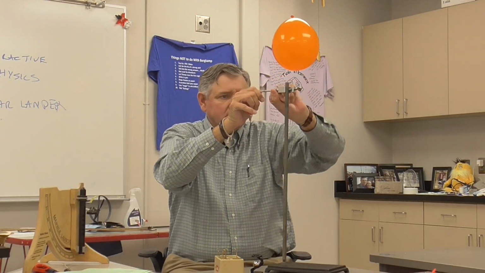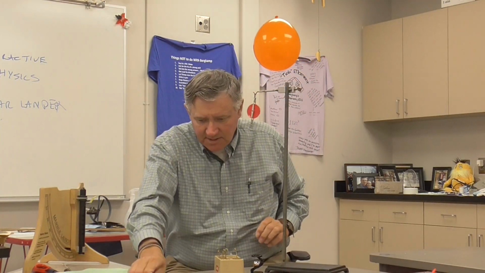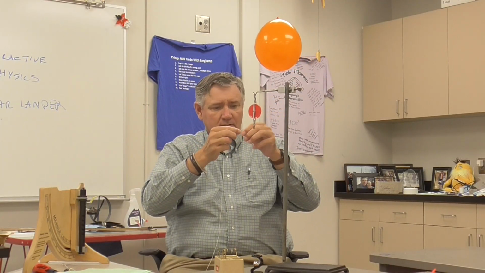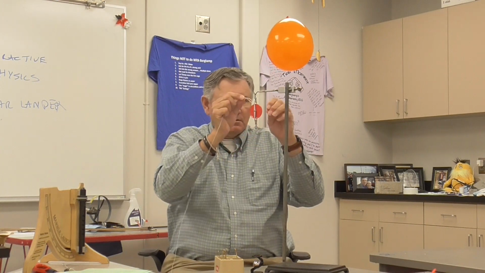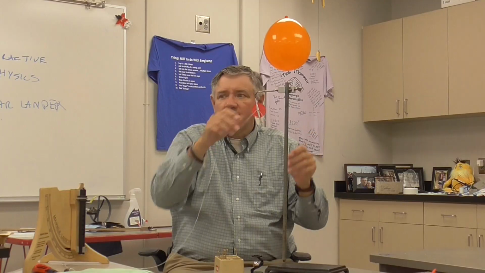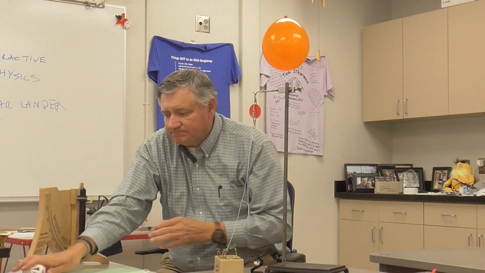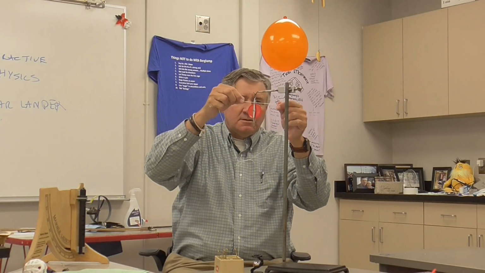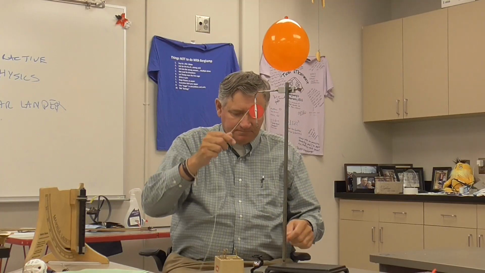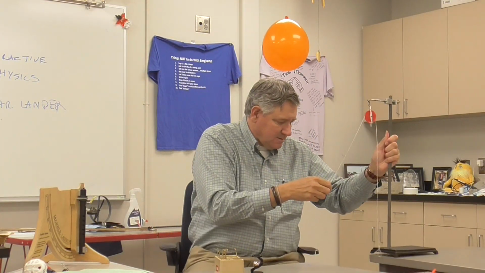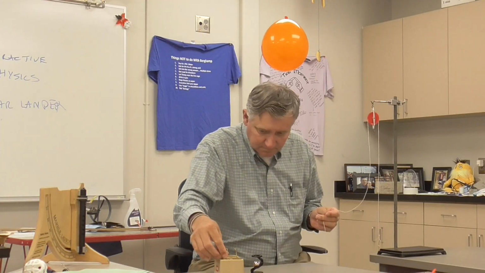And you take a length of string like so, through the pulley. So we got the string like this, and then we're going to have that suspended over the edge of the table.